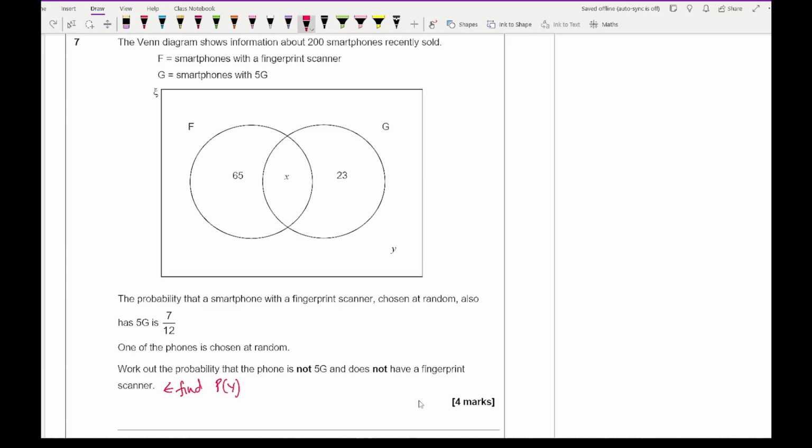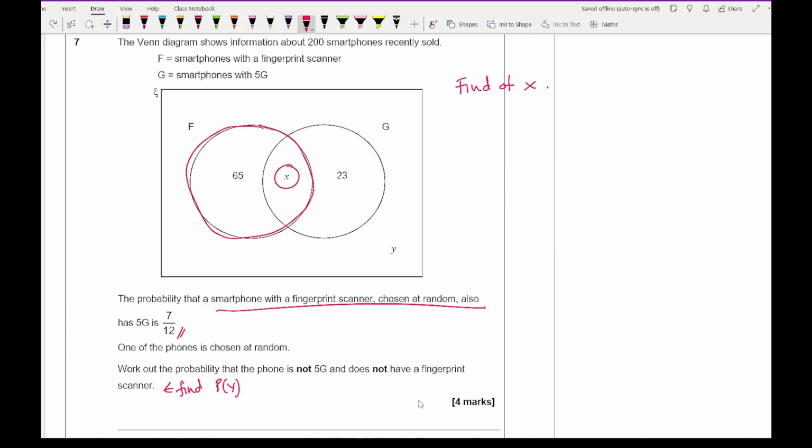Now, in order to do this, we need to find the value of x. We know that there are 200 smartphones, so all four sections need to add up to 200. Using this information, we know that the probability of a smartphone with a fingerprint scanner, which is this bit here, also having 5G, which is this here, is going to equal 7 over 12.